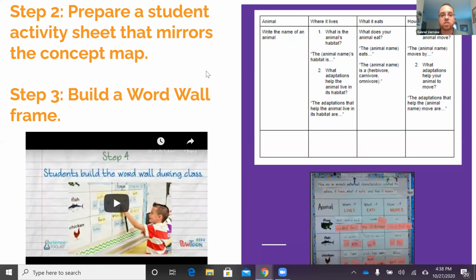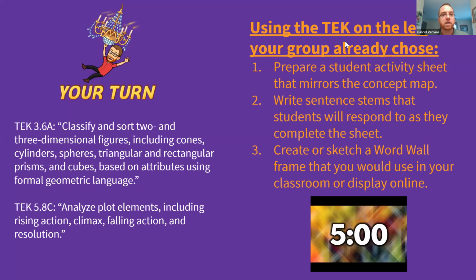Okay, so let's move on to the practice portion. You're going to go to your same group. If somebody just joined the meeting, welcome. If you got kicked out and you're back in, I'm going to send you to your same group. You're going to use your same TEK. You don't really have to prepare a student activity sheet. Just make sure that if you didn't successfully or completely choose a concept map, you come up with that now.